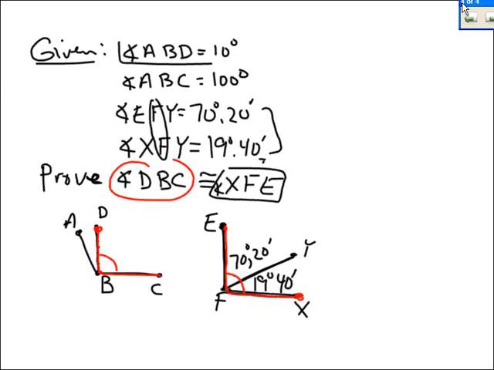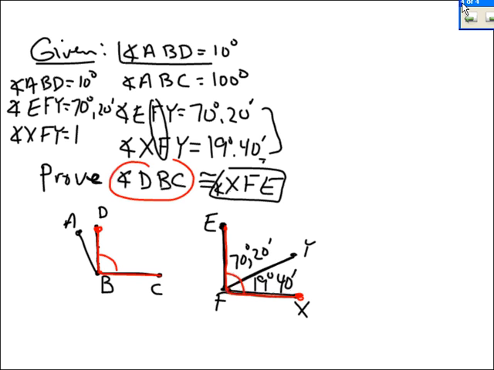I want to show that they're right angles, and since I need some more space, I'm going to put the given underneath. Angle EFY is 70 degrees, 20 minutes, and angle XFY is 19 degrees and 40 minutes.